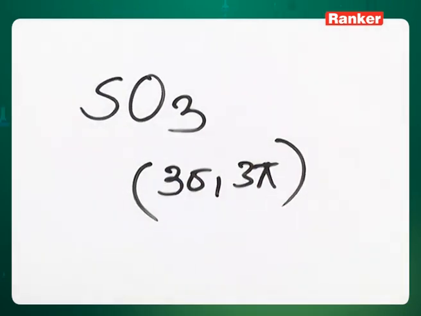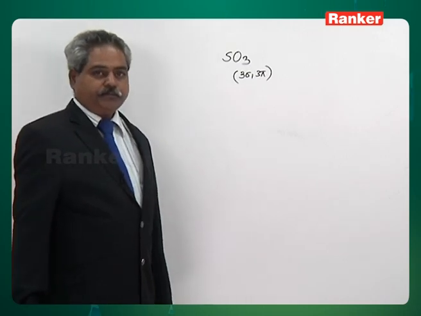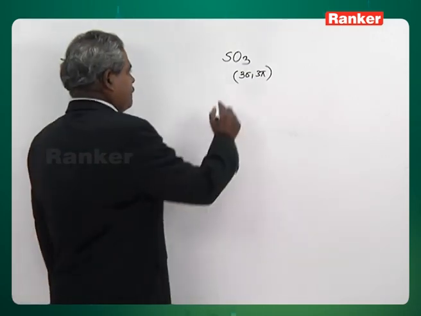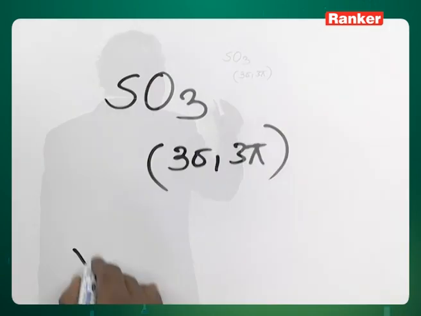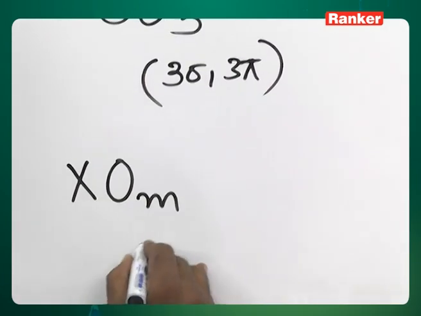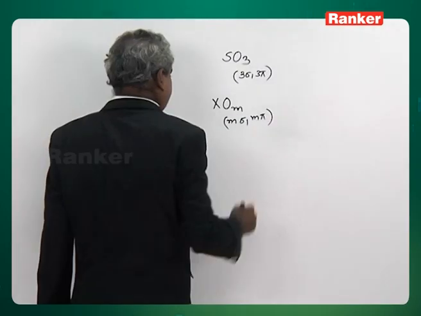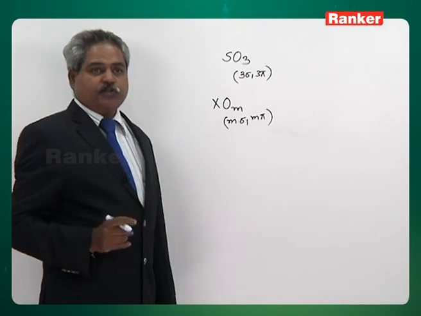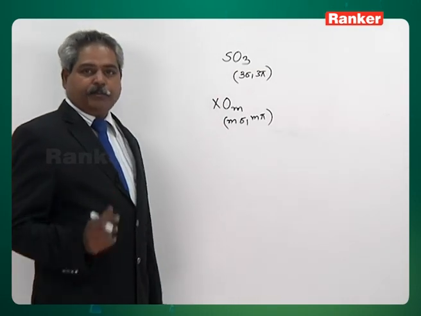How can you know? 3 sigma, 3 pi, a total of 6 bonds. For XOm, there are m sigma bonds and m pi bonds, because each oxygen forms 1 sigma and 1 pi. If you have m oxygens, m sigma, m pi.